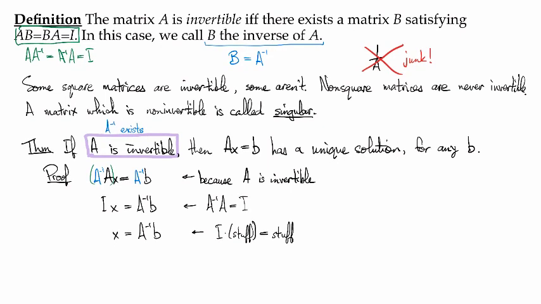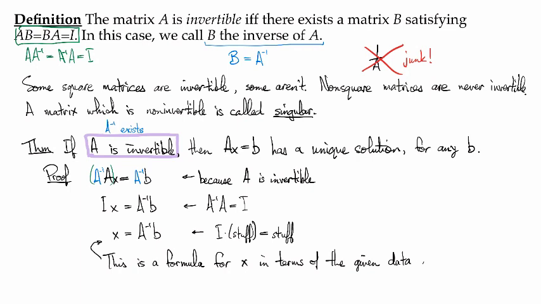And now if you look at this equation right here, this is a formula for the unknown in terms of the given data, A and B. So, in other words, given the coefficient matrix A, if it's invertible, you can create the solution by multiplying that inverse against the given constant vector B. That's it.